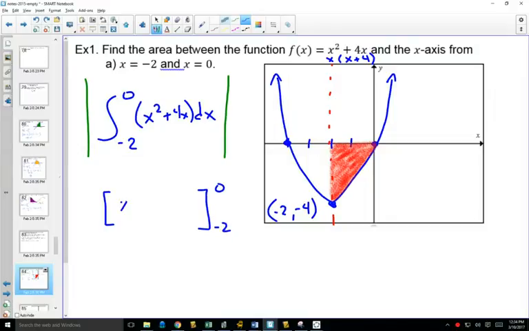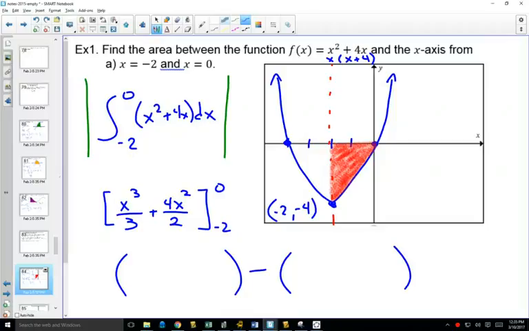I'm going to integrate. So this is going to be x cubed over 3 plus 4x squared over 2 minus, and you'll get 0 plus 0 minus, this is going to be -8 over 3 plus 16 over 2.